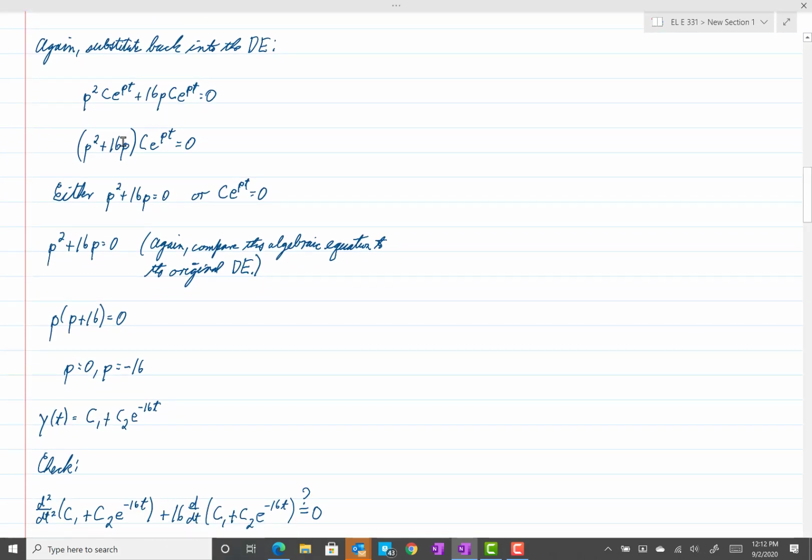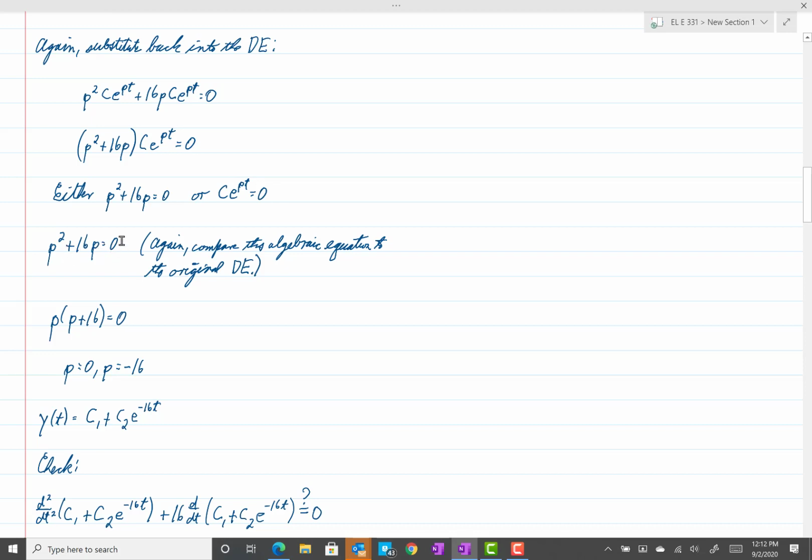And just as before, we will then group terms like this. And so now our algebraic equation will be p squared plus 16p equals 0. And the other possibility is ce to the pt is equal to 0. This corresponds to the trivial solution, so we reject that. So we get p squared plus 16p equals 0.